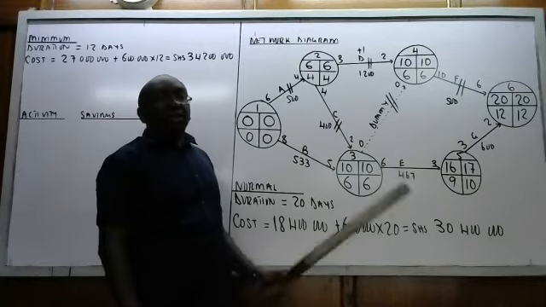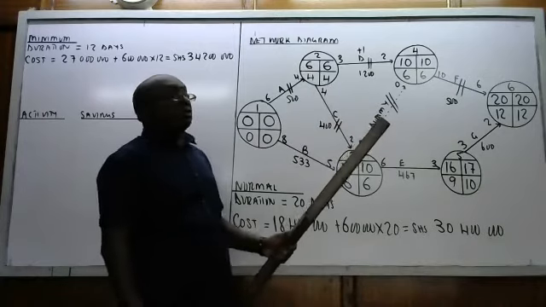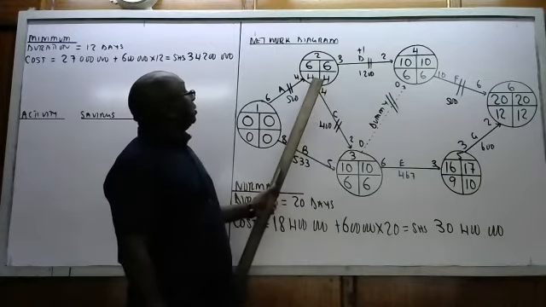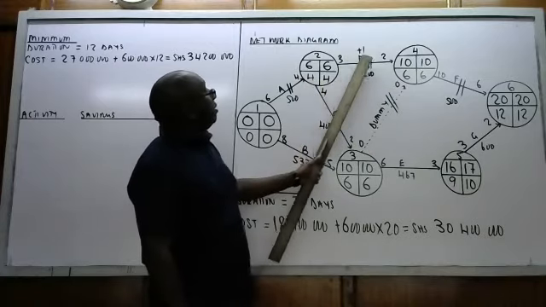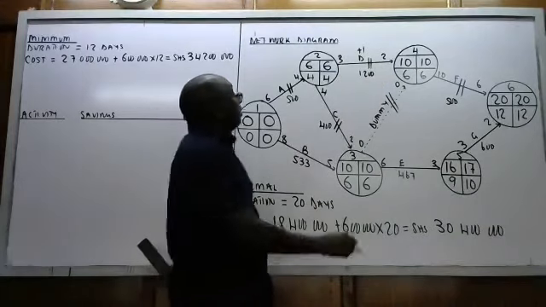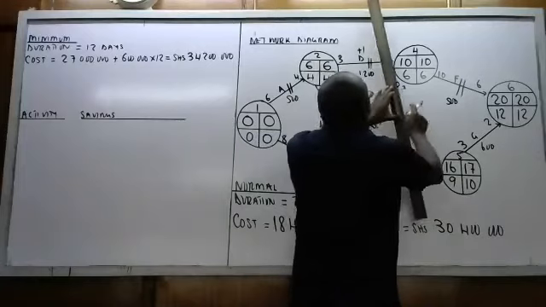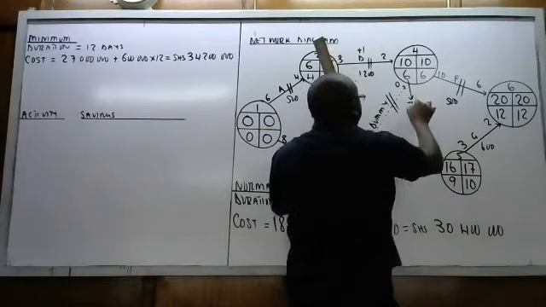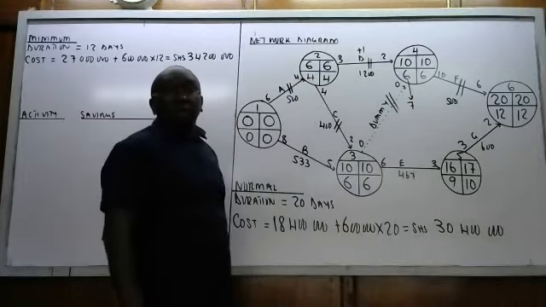So the implication as far as the crash time is concerned is that now going forward, we will say 4 + 1 + 2, that is now 7.